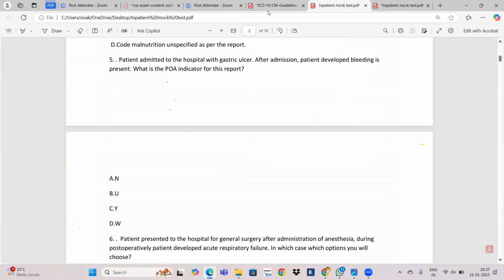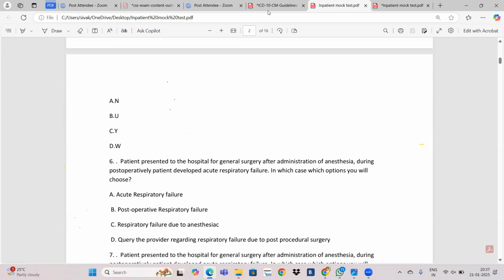After admission, patient developed bleeding. What is the POA for this? N. Then the time frame to assign POA is unlimited. If the provider is unable to determine the POA condition, W. Clear?